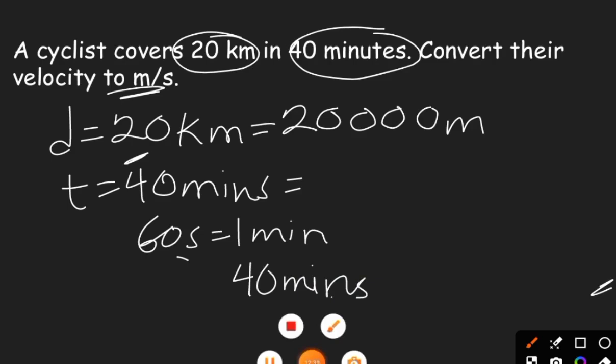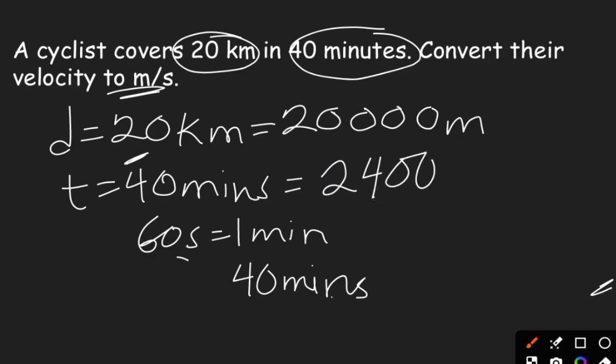So 40 times 60, you're going to have 2,400 seconds. So your formula: velocity equals distance over time.